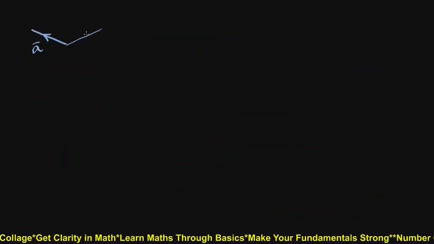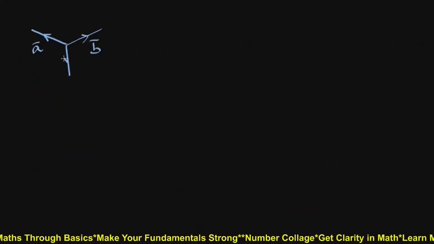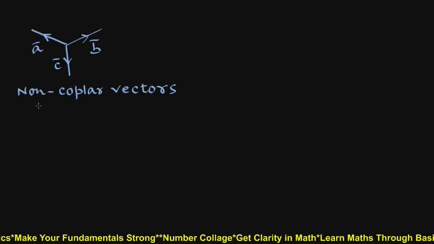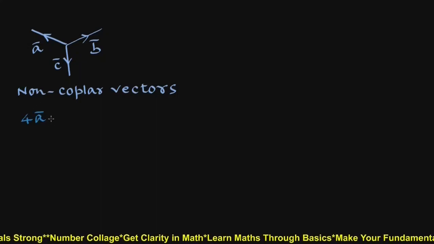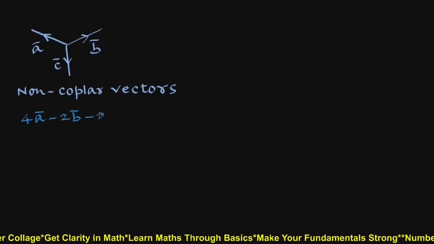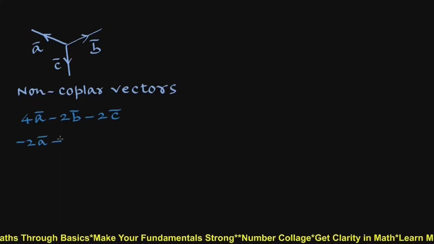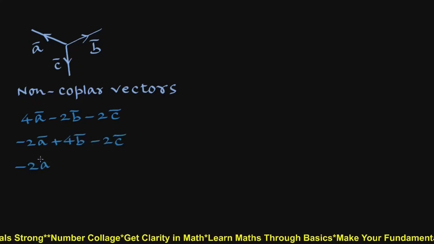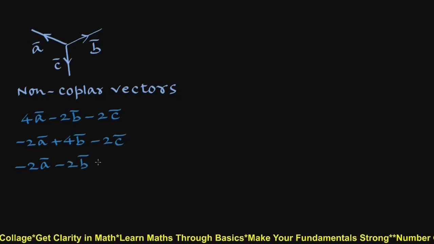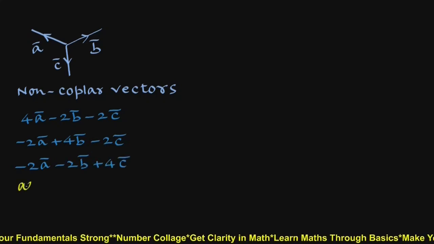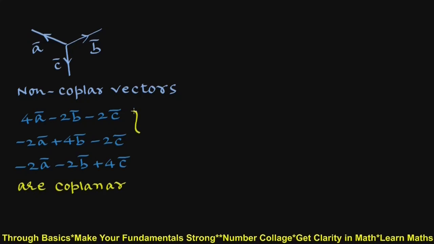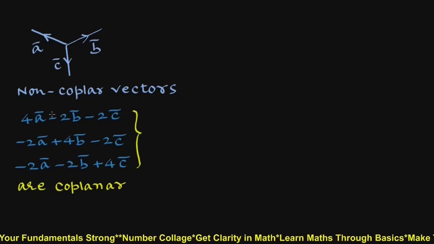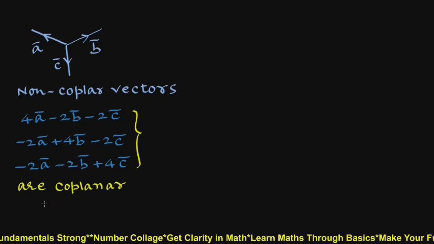a bar, b bar and c bar are three non-coplanar vectors. We have to show that a bar minus 2b bar minus 2c bar, minus 2a bar plus 4b bar minus 2c bar, and minus 2a bar minus 2b bar plus 4c bar are coplanar. If these three vectors are coplanar, any one of them can be expressed as a linear combination of the other.